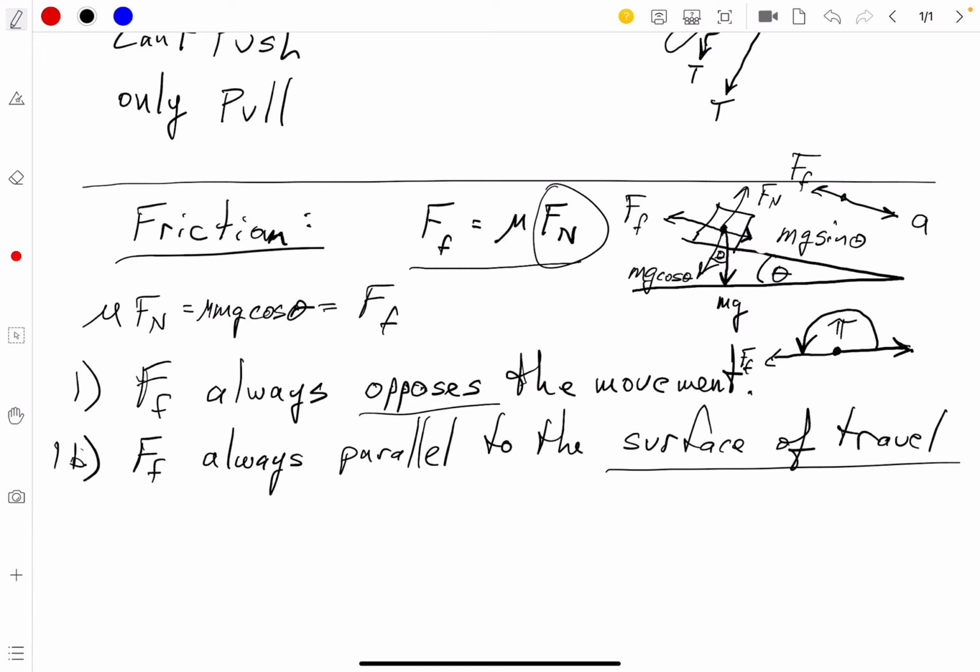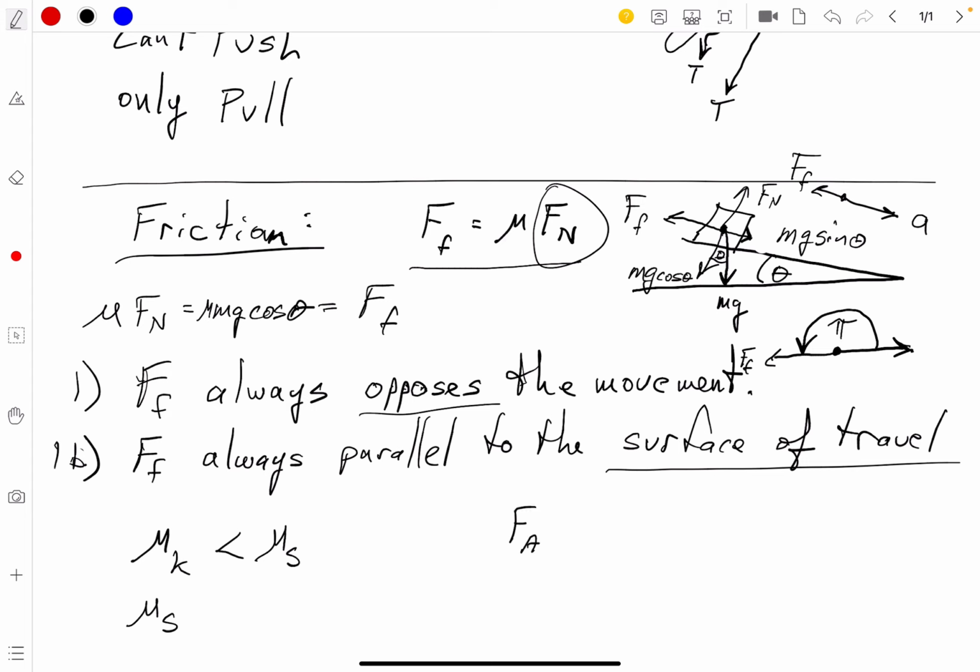Okay, so there's a thing to keep in mind also. There's two different kinds. There's the kinetic friction, and then there's the static friction. And what I want you guys to remember is that kinetic is always less than your static, okay? So to overcome the force of friction of staying still, you need more force.